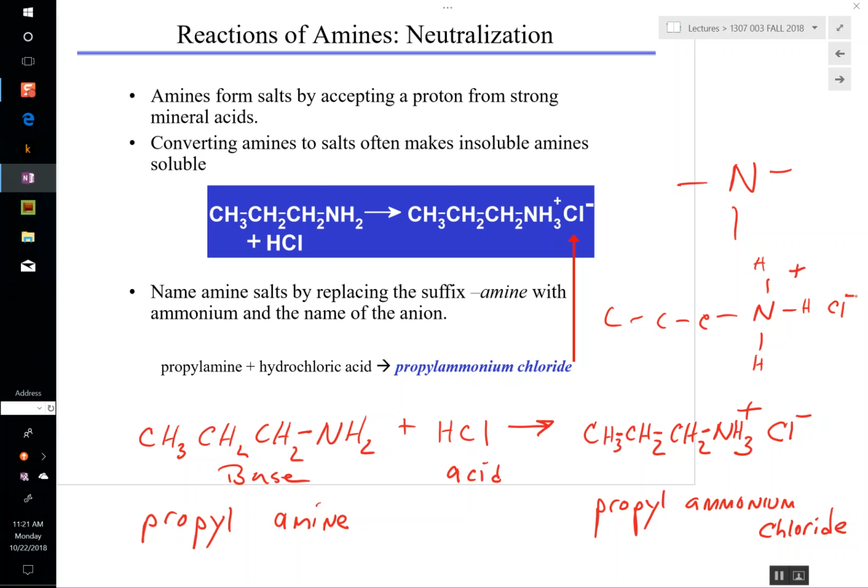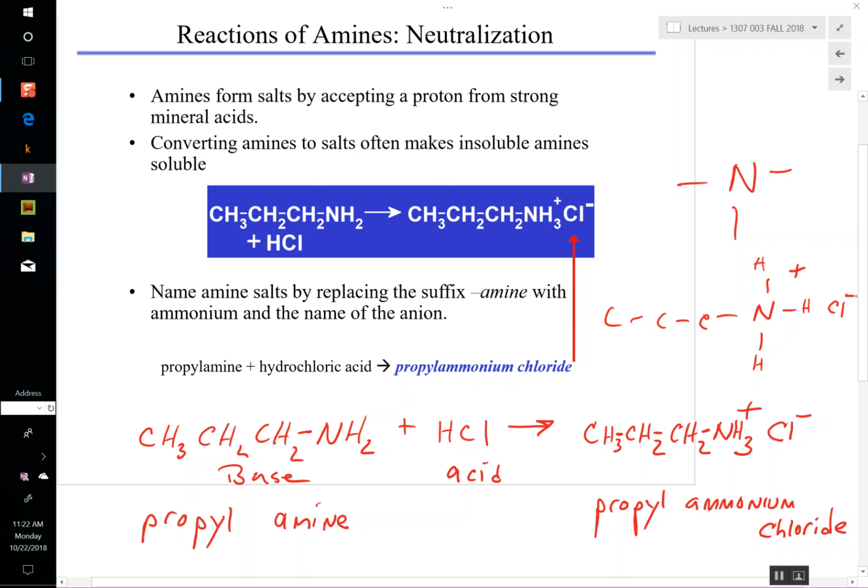And why are they doing that? You think, why are they playing around with that? Well, those of you that were in the 1107 lab this morning, let's not confuse it. This is more soluble in water than this is. The amine all by itself has a certain level of solubility. That particular amine, not really very high.